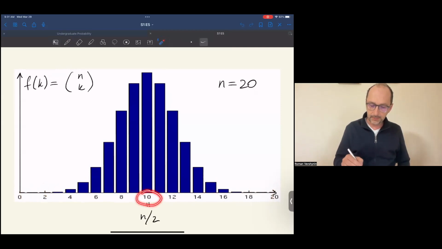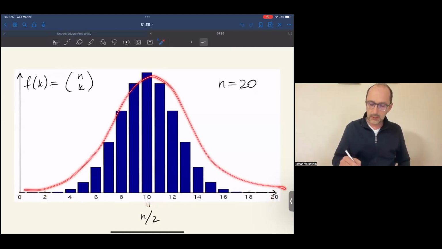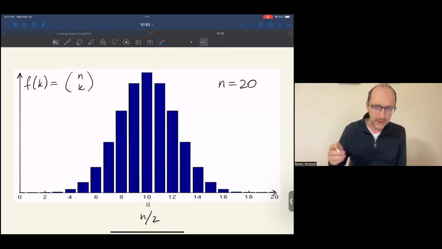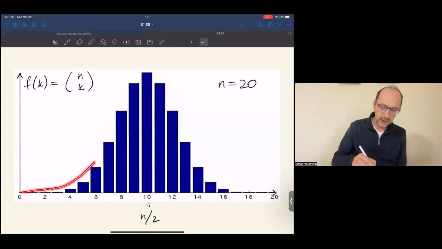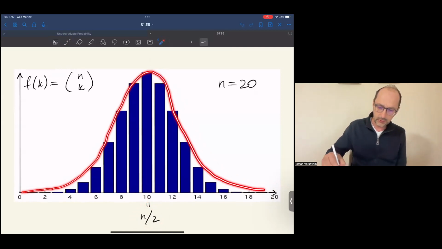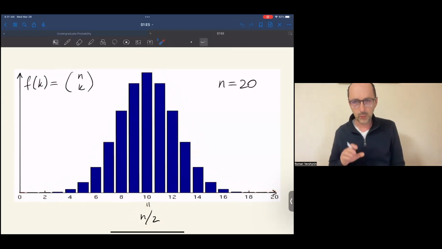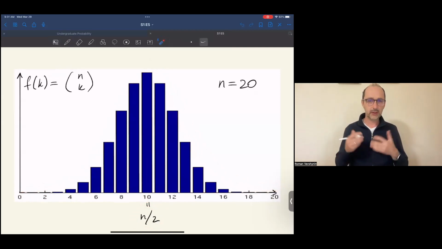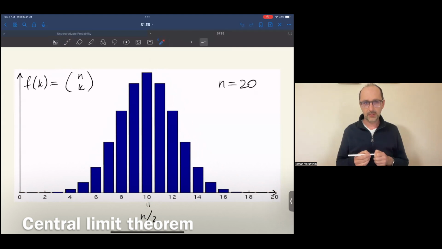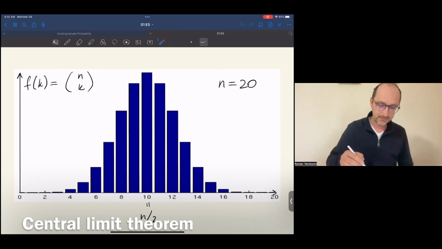And as you can see, the graph is symmetric about n over 2 here. The values of the binomial coefficients seem to follow a beautiful curve here. It is not clear why at this point, but it will become clear later. It is a normal curve, a bell-shaped curve. And why they follow that bell-shaped curve is explained by the central limit theorem, the major theorem in probability theory, which we will eventually get to in this class, but not now.